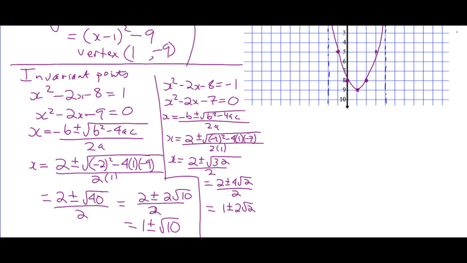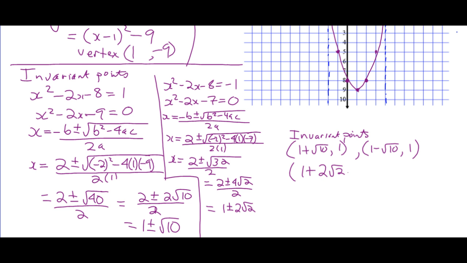So our invariant points are 1 plus root 10, comma 1; 1 minus root 10, comma 1; 1 plus 2 root 2, comma negative 1; and 1 minus 2 root 2, comma negative 1.